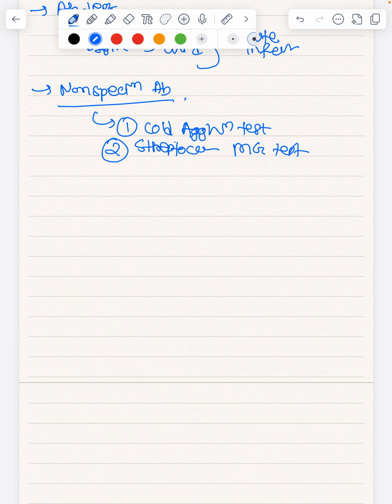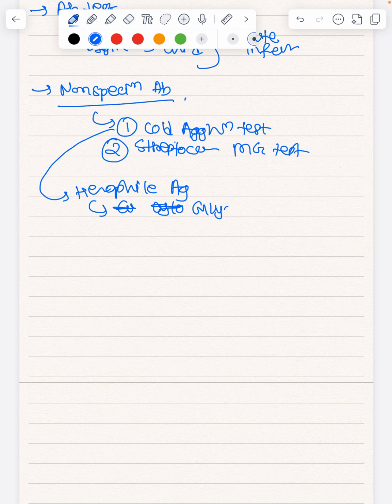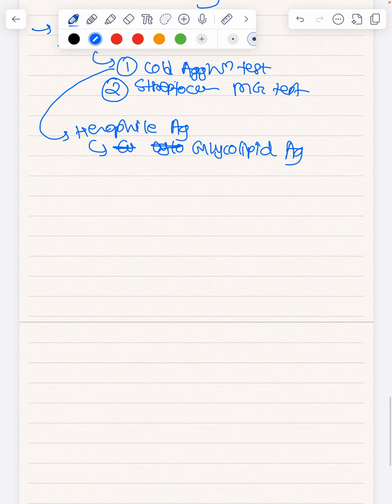Cold agglutination test: since the Mycoplasma contains heterophile antigens, they will agglutinate with the heterophile antibodies. The glycolipid antigen is important for the heterophile antigen, the heterophile agglutination test, that is your cold agglutination test.